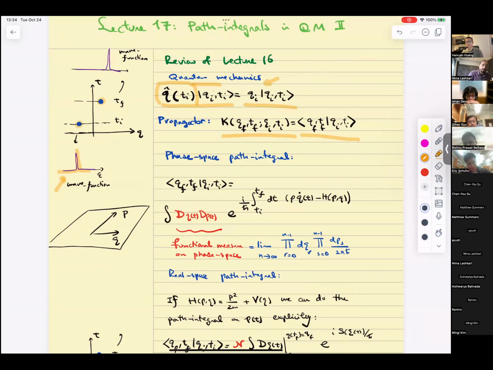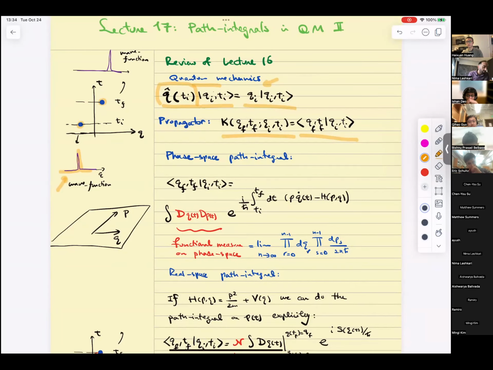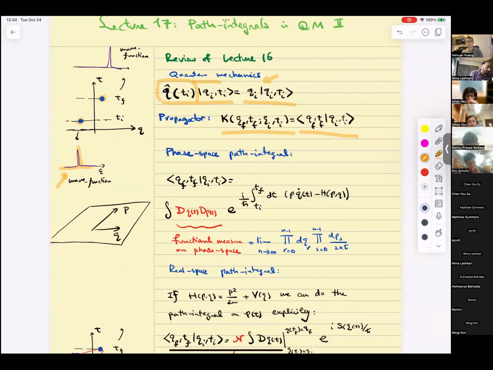So this is what the propagator is. It's not observable in the sense of a self-adjoint operator, but something you could measure.